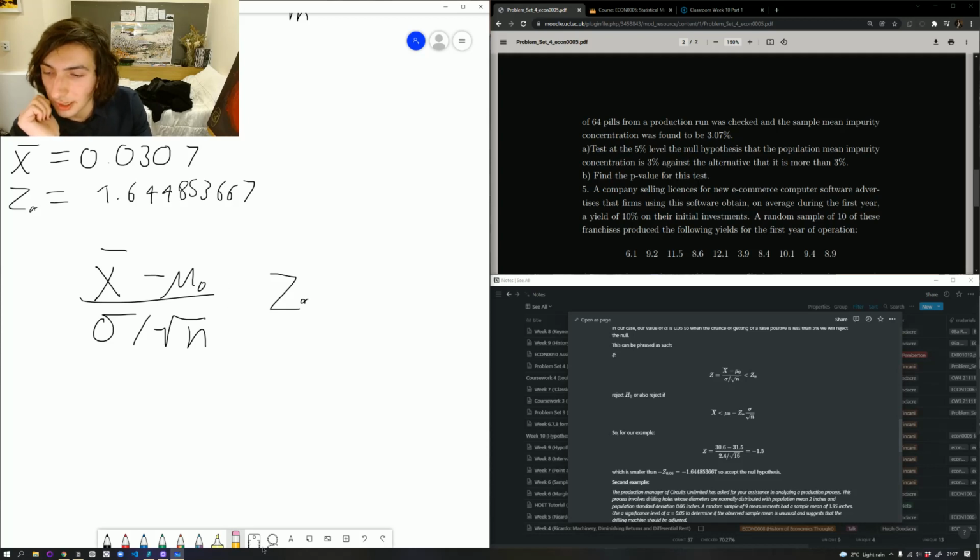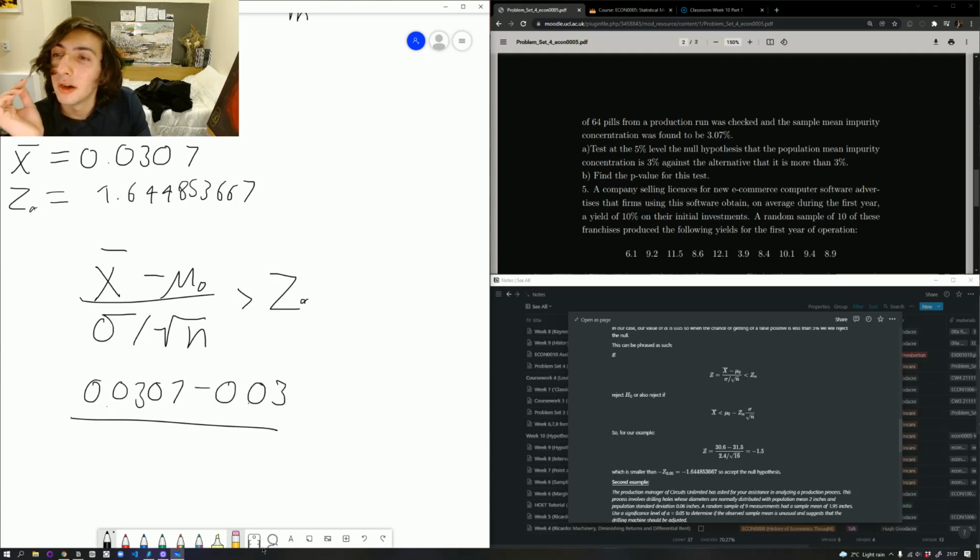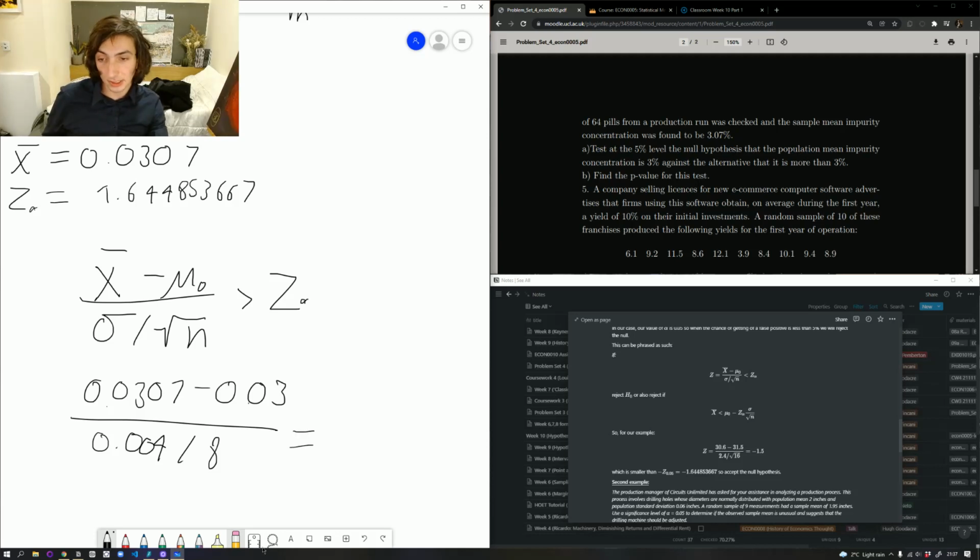So let's input our values. We've got 0.0307 minus 0.03 over 0.004 divided by root 64, which is just 8. Calculating this, it's probably going to be quite small. Actually, it might be quite big. Who knows?